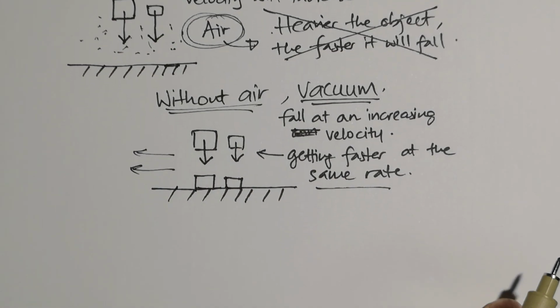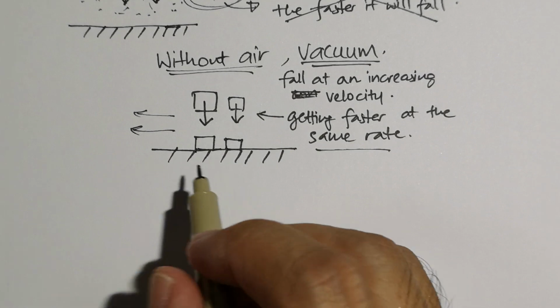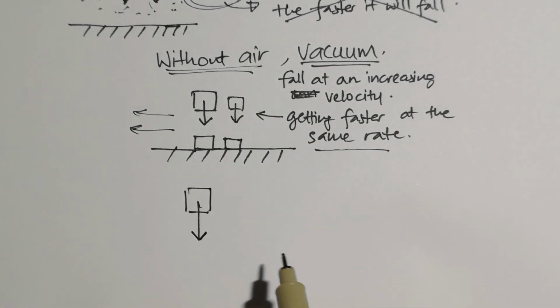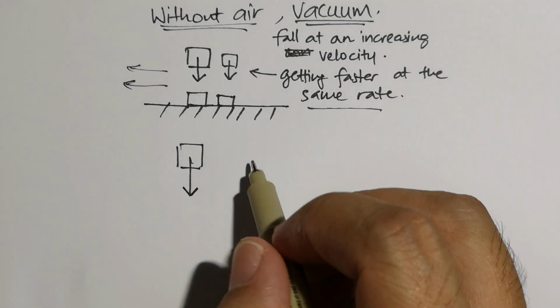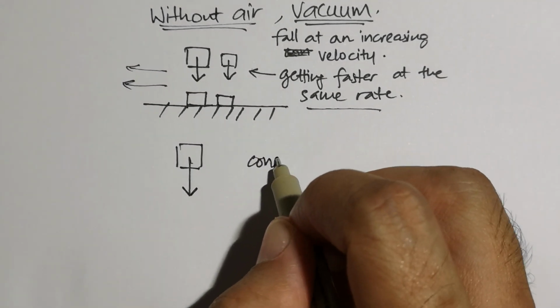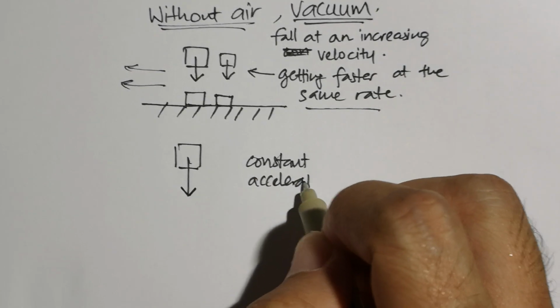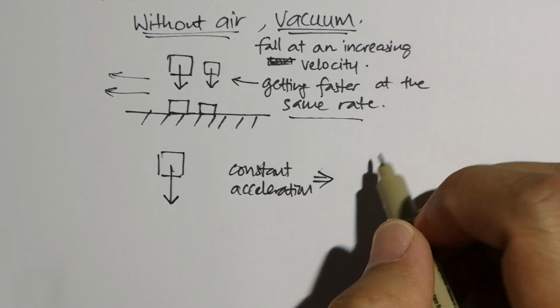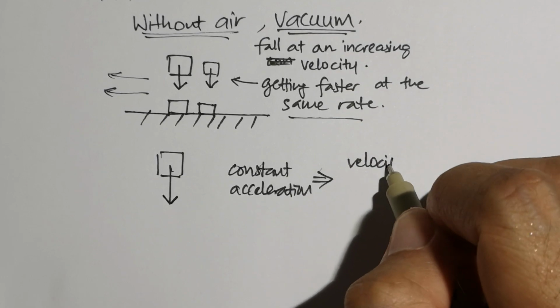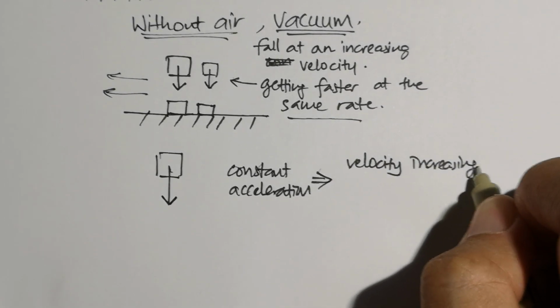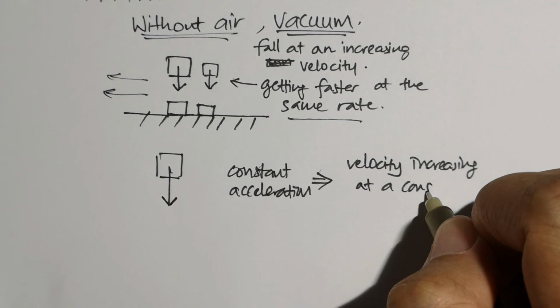Okay, so now this object falls at a constant acceleration. This means that the velocity or the speed is increasing at a constant rate.